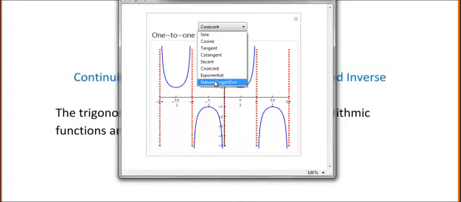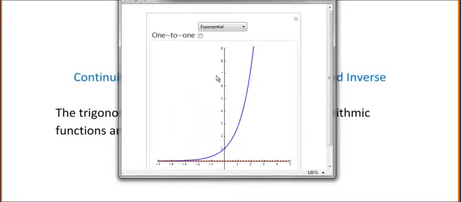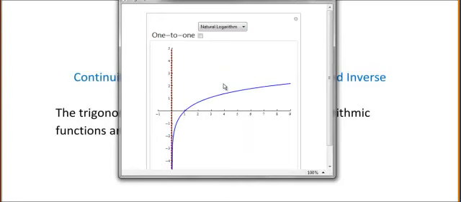If we look at exponential functions, their domain is the entire real line from negative infinity to infinity, and these functions are also continuous on their domain, as are the logarithmic functions. This is the natural log, and its domain is the positive numbers. It's continuous there. There are no breaks.